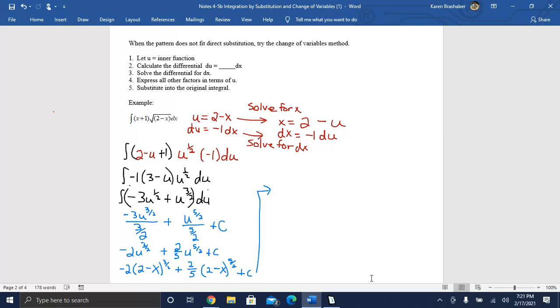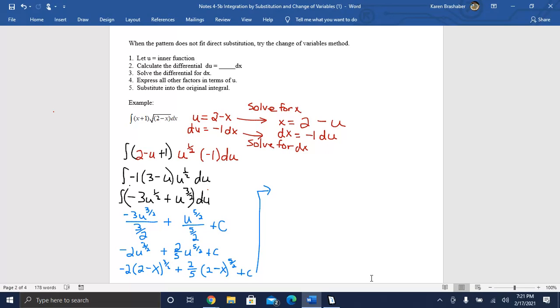If we factor out the common factor, which is the 2 minus x to the lowest power, 3/2, as well as if we factor out the fraction 2/5, then we can simplify this just a little bit more.